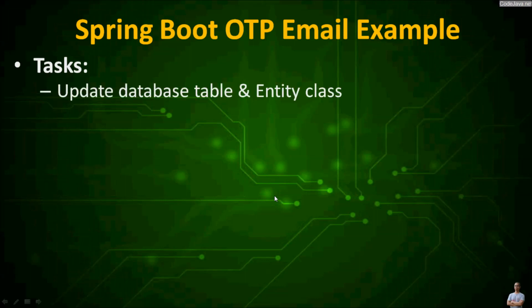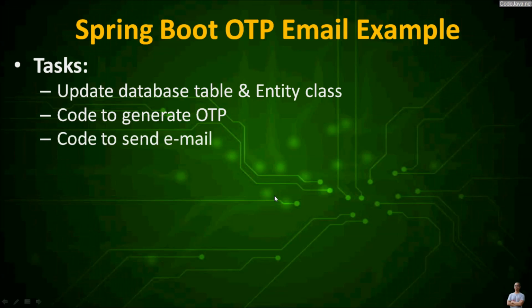Here are the key tasks which we need to perform in order to implement the OTP email function. We need to update the database table and entity class, adding a new column to store the one-time password, and we need to write code to generate OTP, write code to send email that contains the one-time password sent to the user, and update the login page.